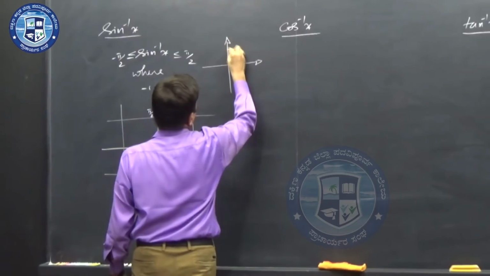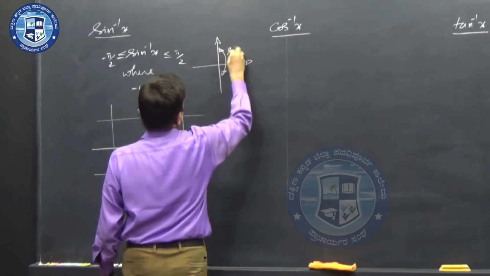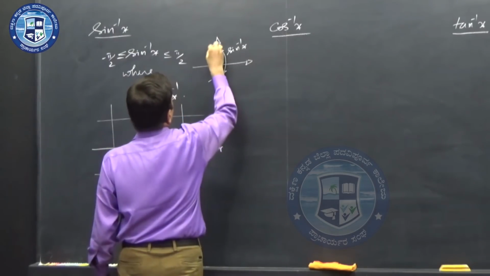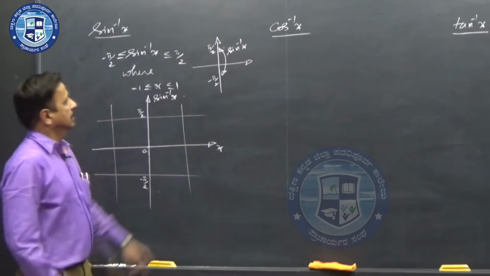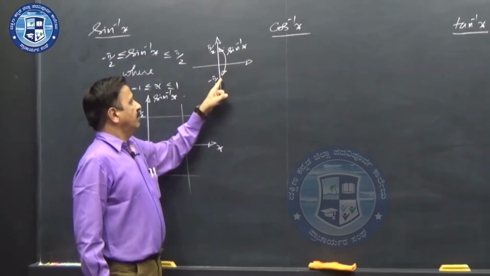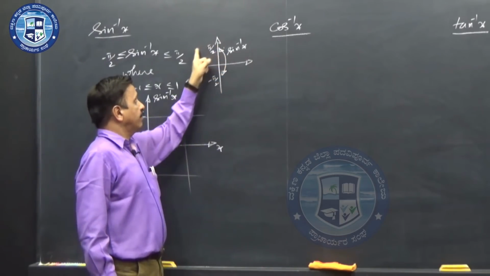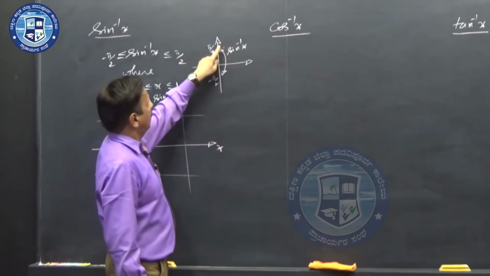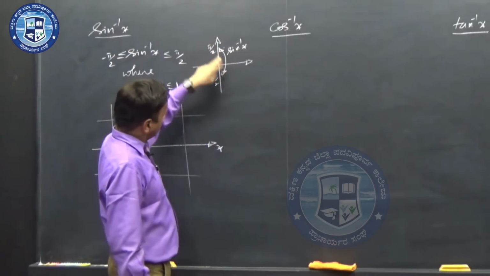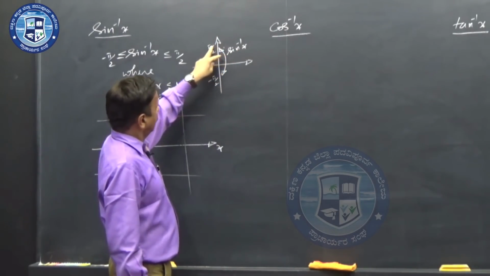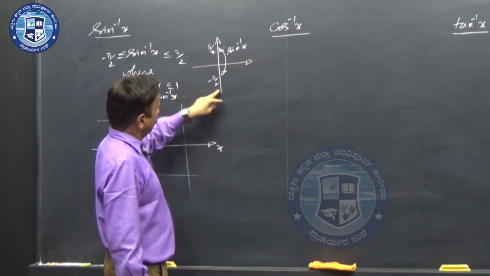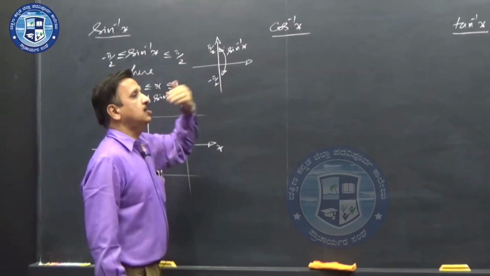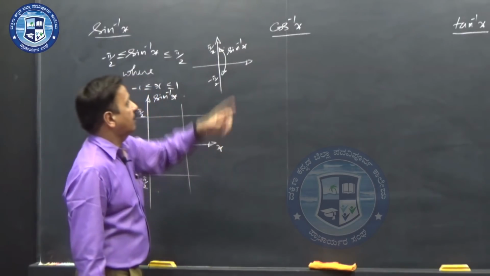Look at this, this is sine inverse x, between minus pi by 2 and plus pi by 2. The maximum value is pi by 2, the minimum value is minus pi by 2. It can also be pi by 2 plus 2 pi. If you start from here, 90, 180, 270, 360, 450, that is pi by 2 plus 2 pi, equal to 5 pi by 2.